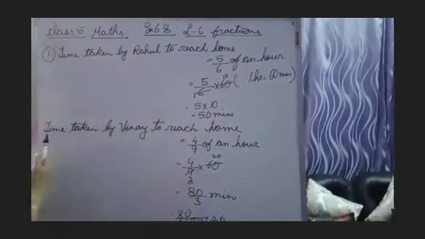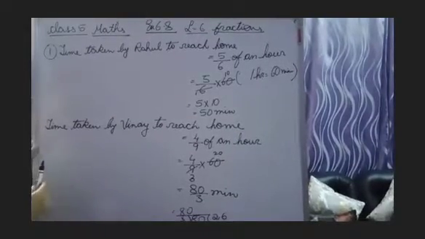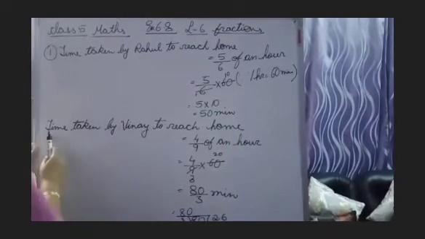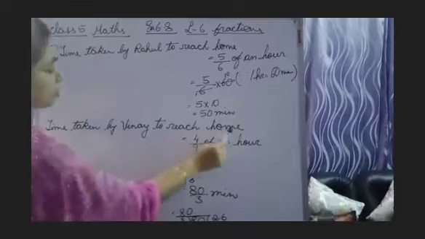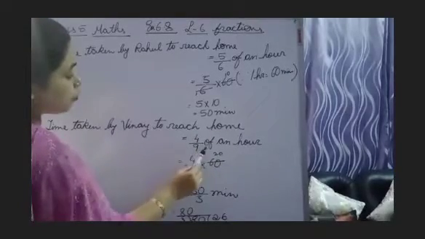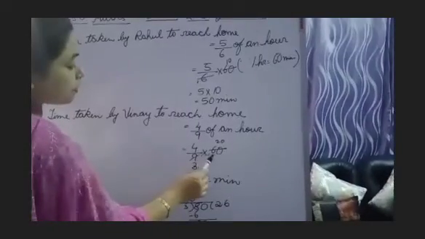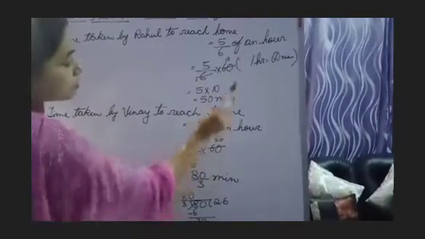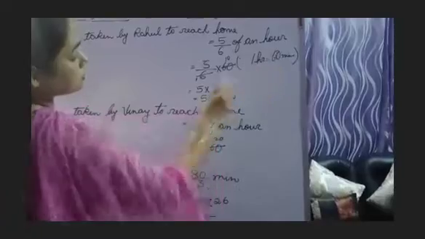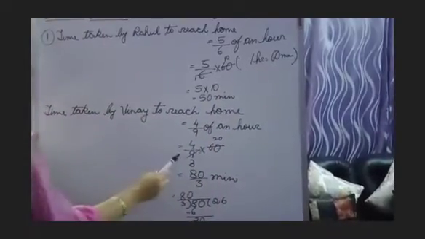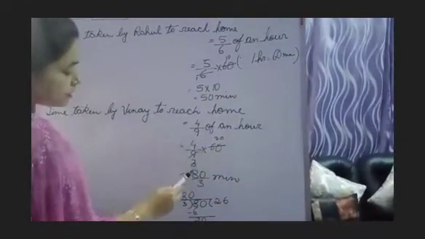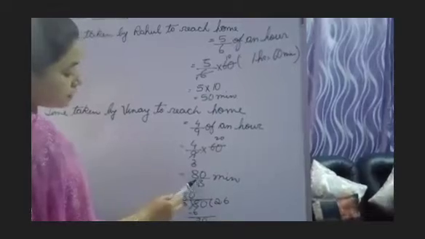Now let us see his brother Vinay. How much time does he take to reach home? Time taken by Vinay to reach home, it is given in the question, 4/9 of an hour. So you multiply 4/9 by 60. Why 60? Since 1 hour is equal to 60 minutes. Now if you solve this, you will get 80/3 minutes.